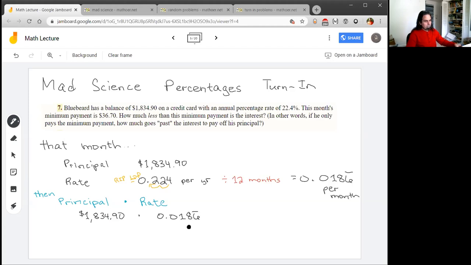When I'm using my calculator, right now I have that long repeating decimal on my calculator, so I don't need to round it. If I had hit something else on my calculator, I would type it in with lots of 6s, as many fit on the screen, so that I'm not rounding in the middle of a problem.